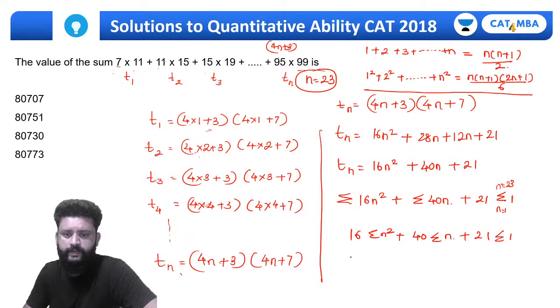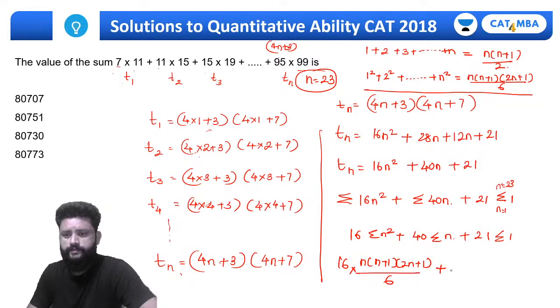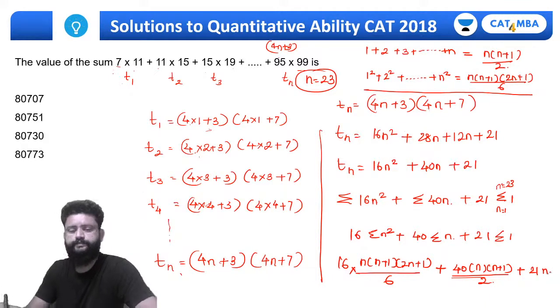Okay, so this will be 16 times n into n plus 1 into 2n plus 1 by 6, plus 40 into n plus 1 by 2, plus 21n.